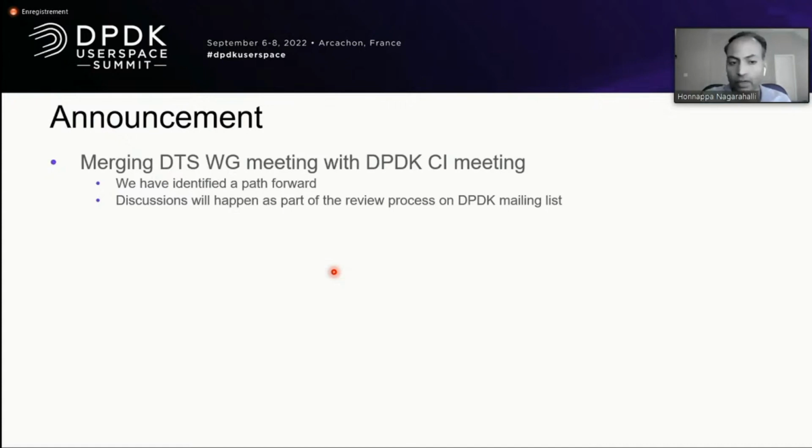This is going to provide a lot more visibility to the work that we have been doing, because there are additional stakeholders present in the DPDK CI meeting, and we think it should attract more people to look at these patches that we are creating in the DPDK community. Having said that, the DTS working group meeting was every week, but the DPDK CI meeting is every other week.